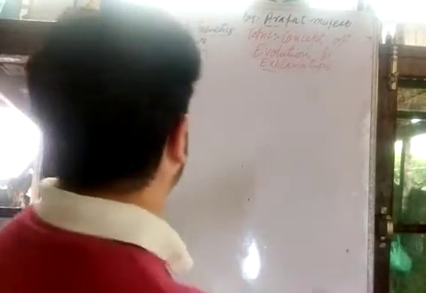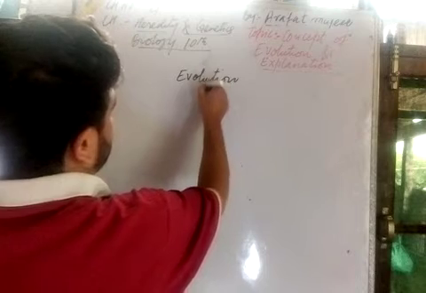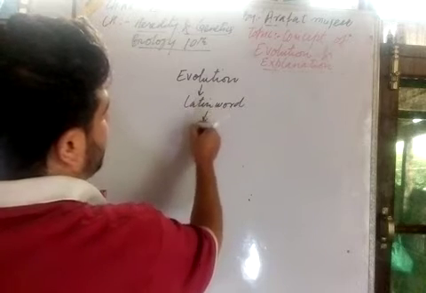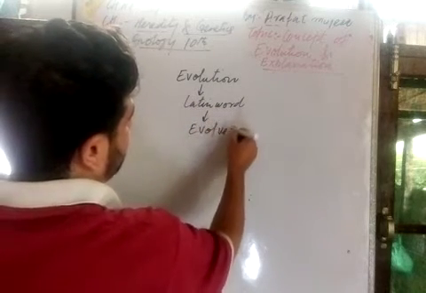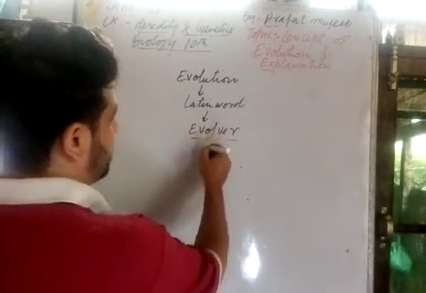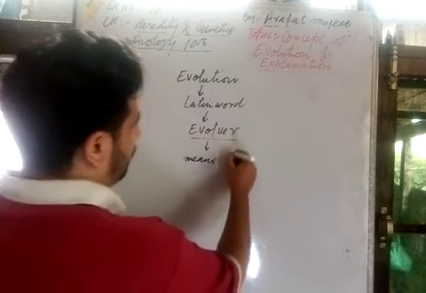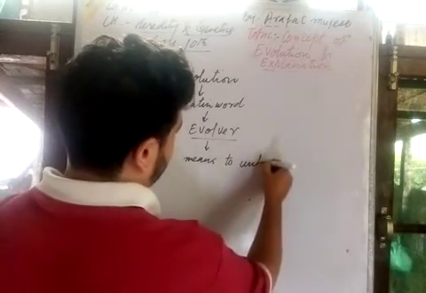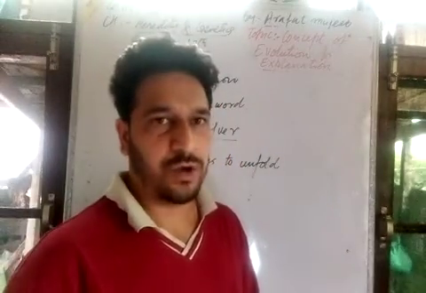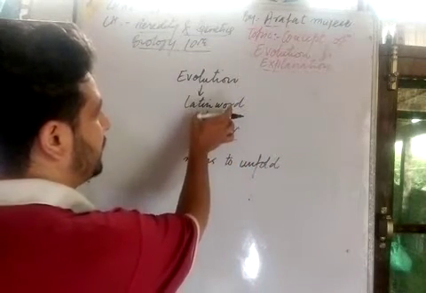ये जो word है, the word evolution, it has been derived from the Latin word evolver. ये evolver word से derive हुआ है, जिसका मतलब होता है to unfold, मतलब किसी चीज को unfold करना, मतलब उसका आगाज होना, उसका existence होना. ये meaning है evolver का.